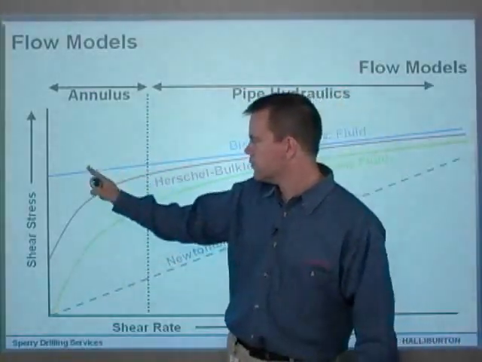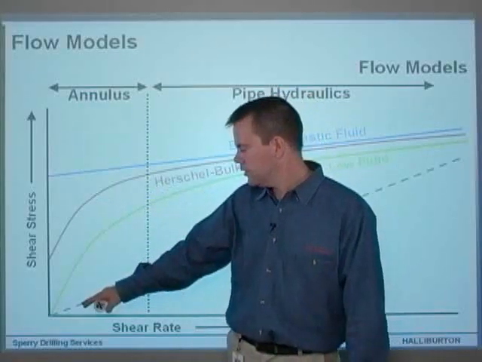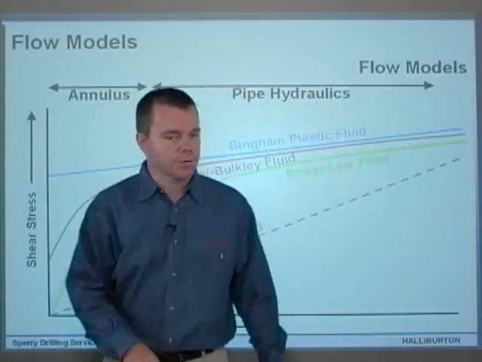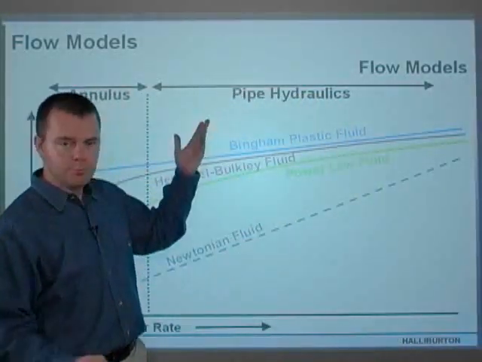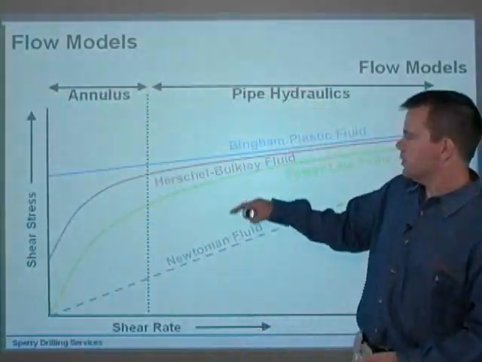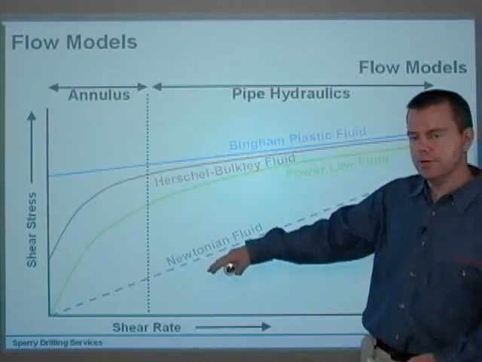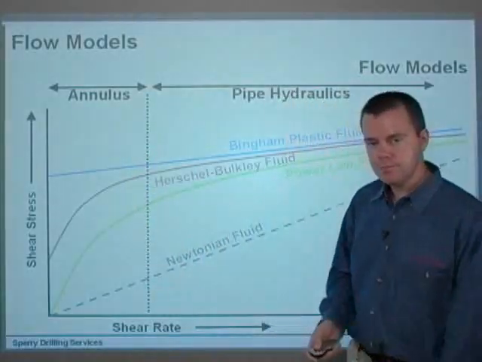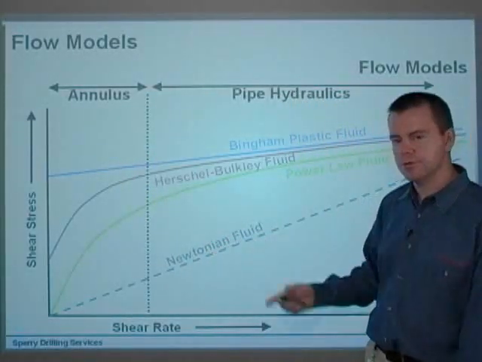So each of these models is representing annular flow behavior based on these lines. And beyond this point, in the upper shear rates, this would be pipe flow. So all the models are approximating pipe flow with the lines that we've drawn beyond this line here. So at low shear rates, we're talking annular flow. At higher shear rates, we're talking pipe flow.